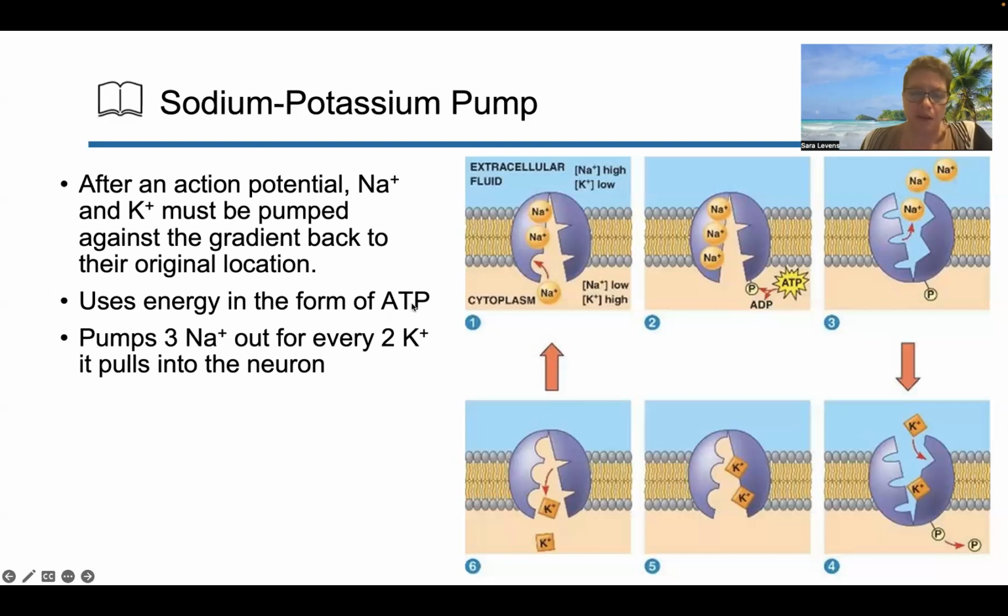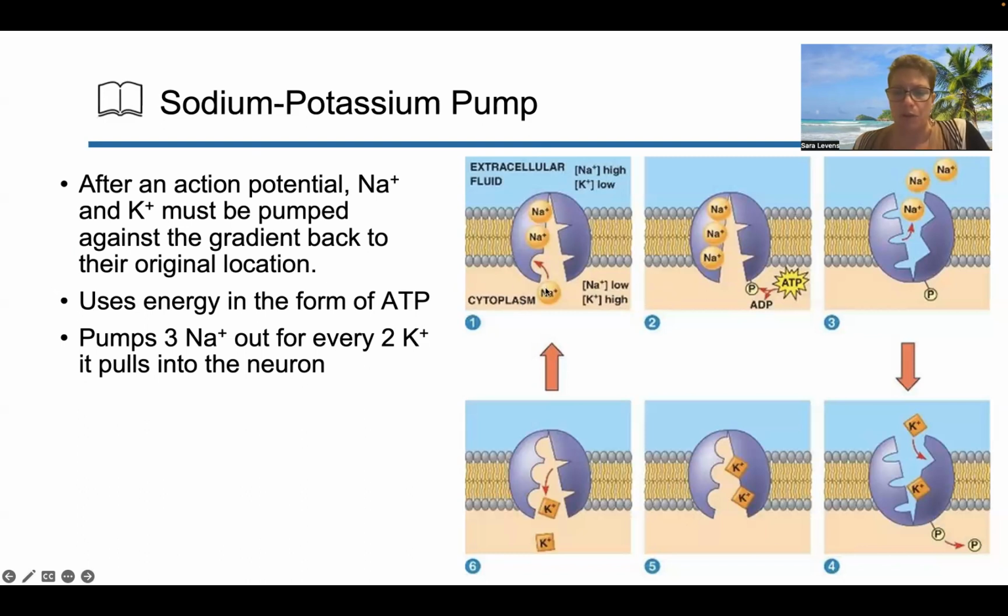So the ATP is used by the sodium-potassium pump as energy to change the cell back to normal. Here you have the extracellular fluid and the cytoplasm inside, and sodium is low and potassium is high.